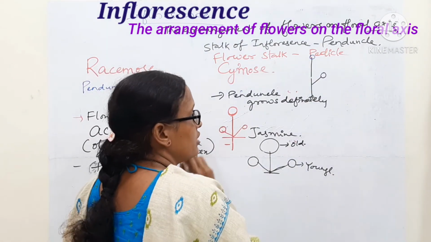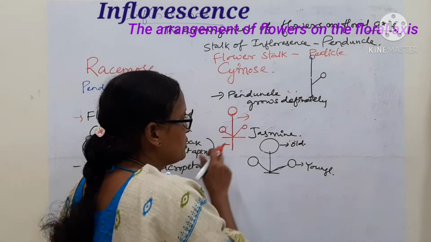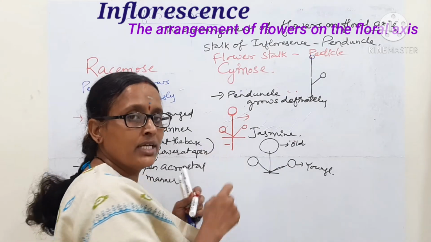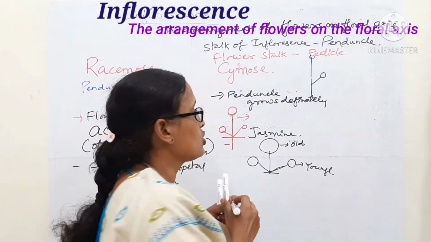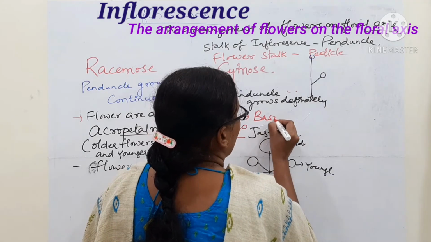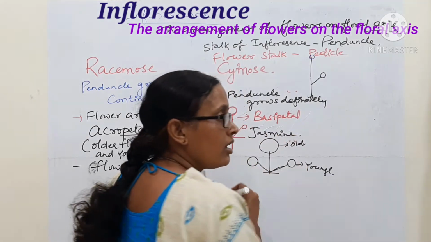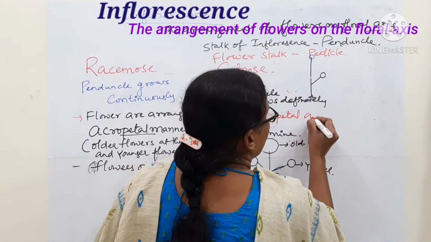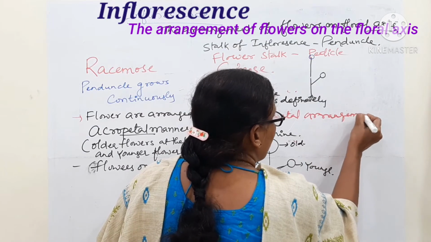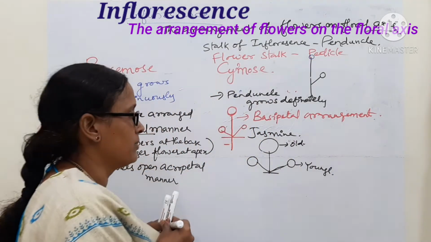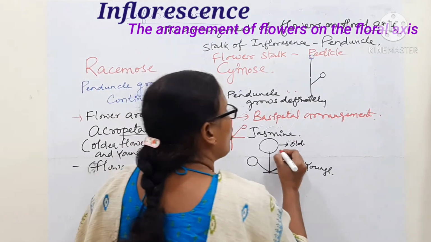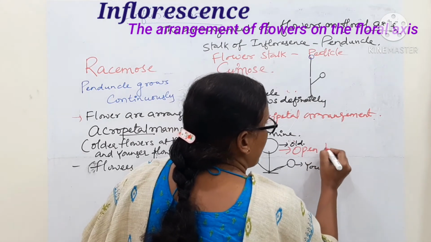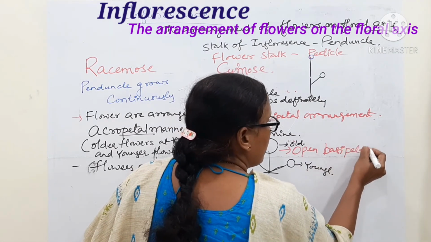Such an arrangement, with older flowers at the apex and younger flowers at the base, is called basipetal arrangement or basipetal order. The flowers also open in a basipetal manner.